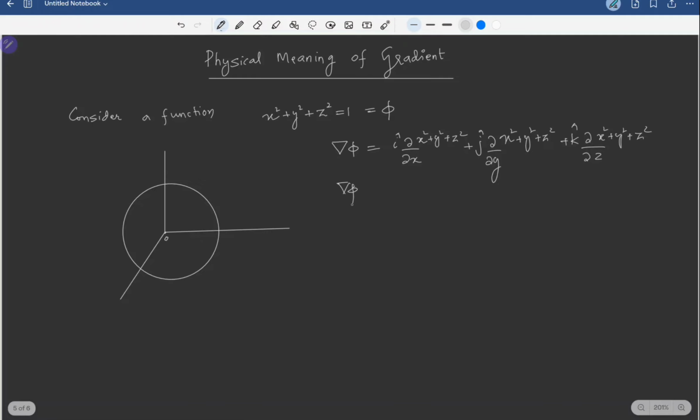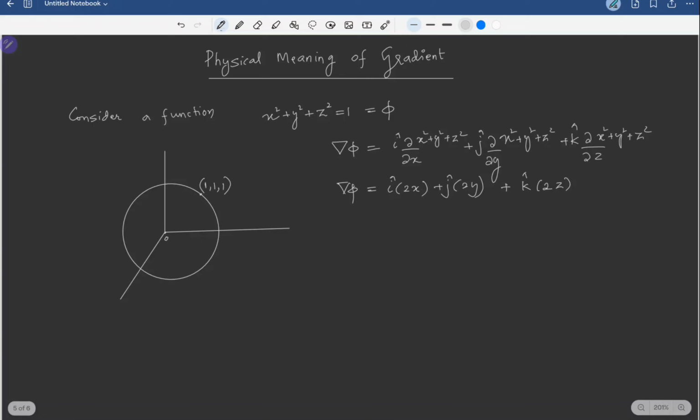Simplifying, we get del phi is equal to i cap 2x plus j cap 2y plus k cap 2z. Now take a point on this surface, 1 comma 1 comma 1.